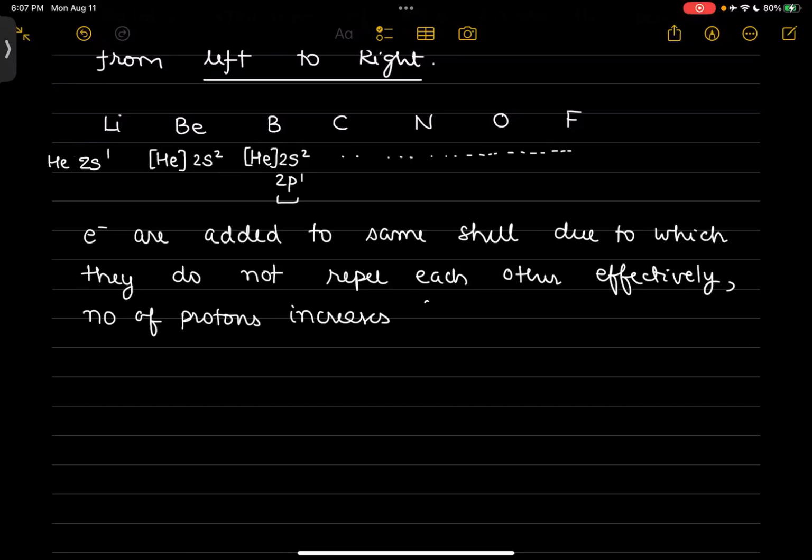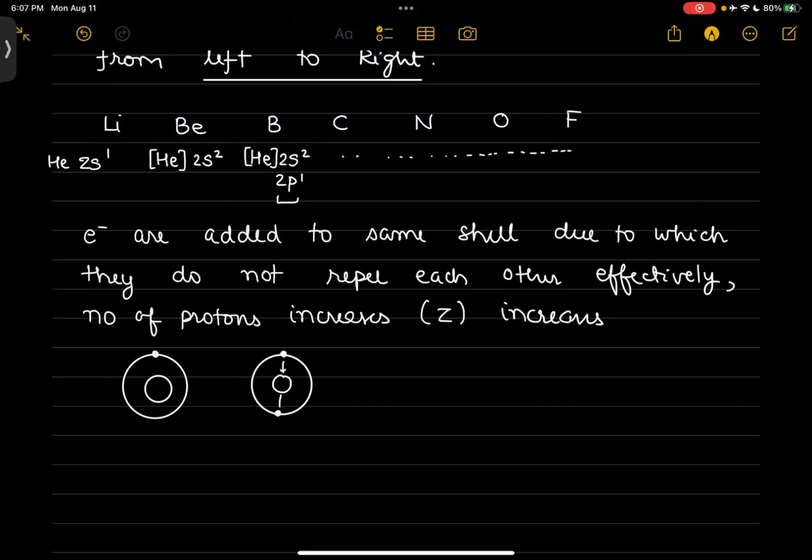Suppose you have one electron in the valence shell, then two electrons in the valence.